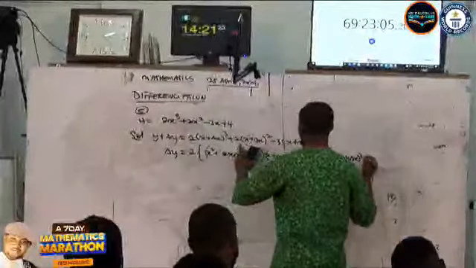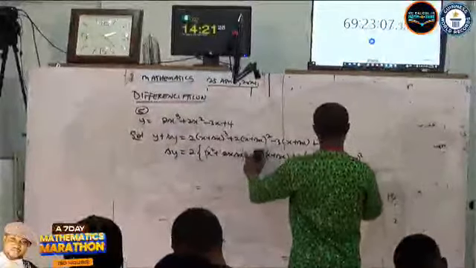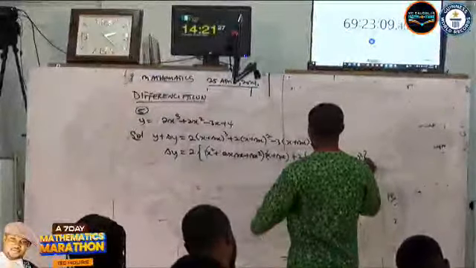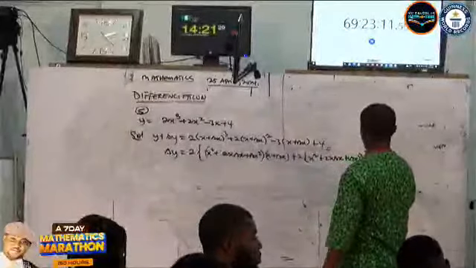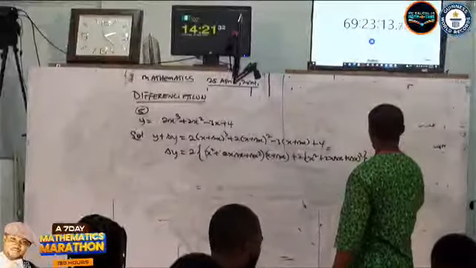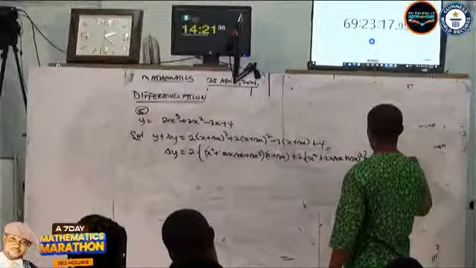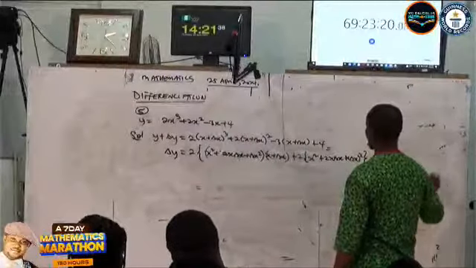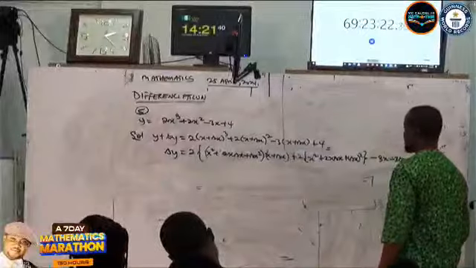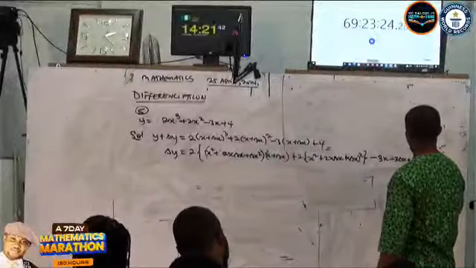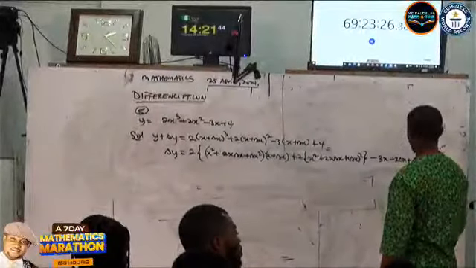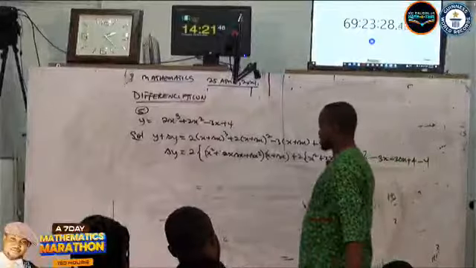Then don't forget there is 2 there. For this, minus 3x minus 3 change in x plus 4. Then minus y, that's the value of y on the other side.